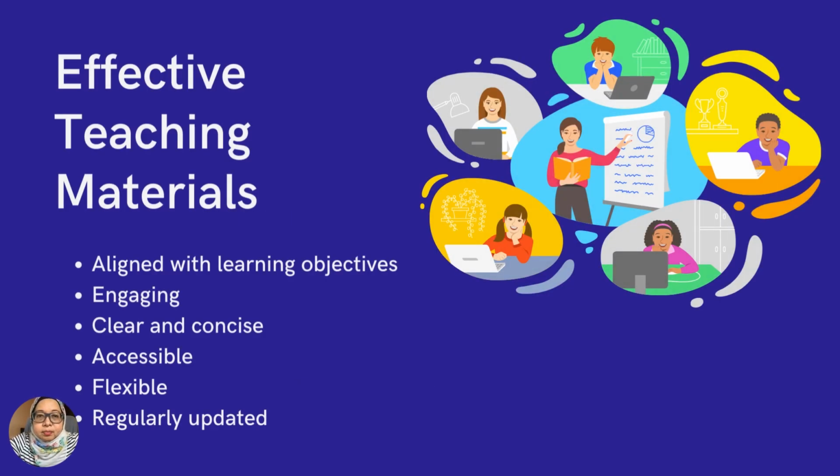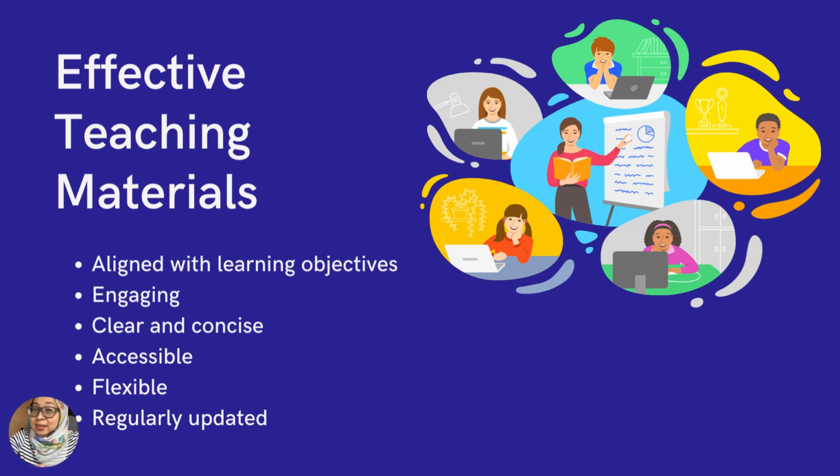So some of the effective teaching materials that we can come up with, all this has got to be in tandem with the learning outcomes and the learning objectives. We have to make sure that the teaching materials are engaging. They have to be clear, concise, and the instructions straight to the point.